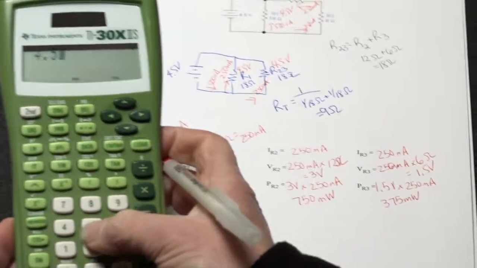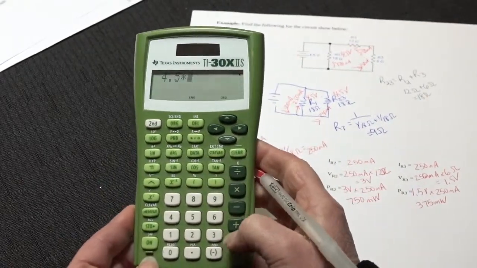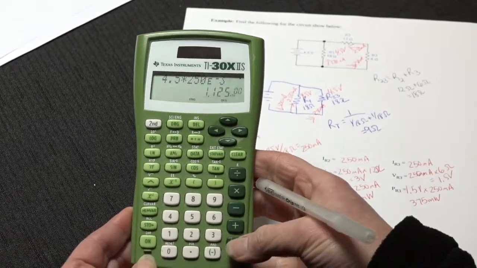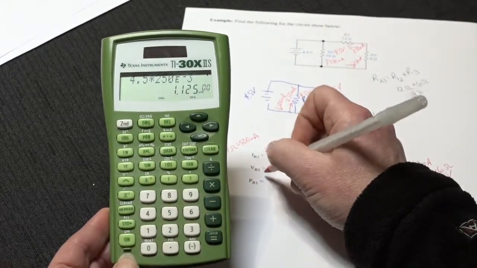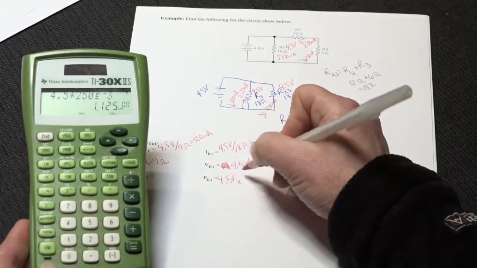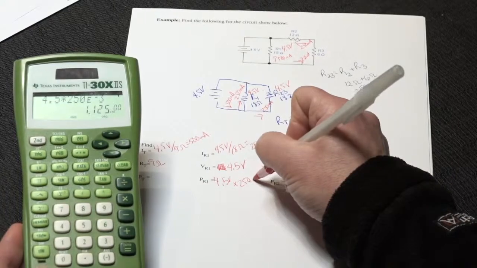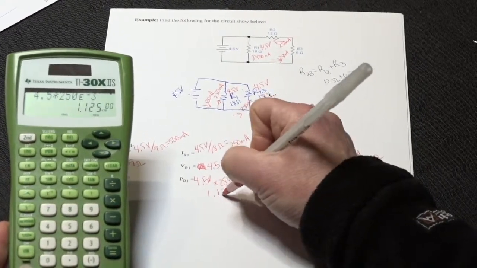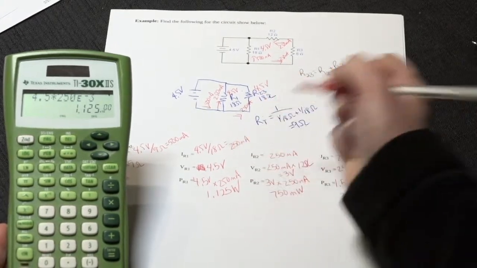And 4.5 volts times 250 milliamps gives me 1.125 watts.